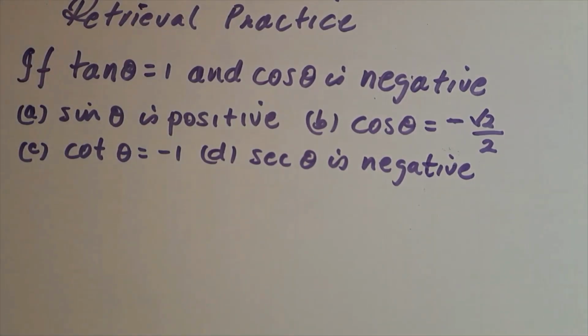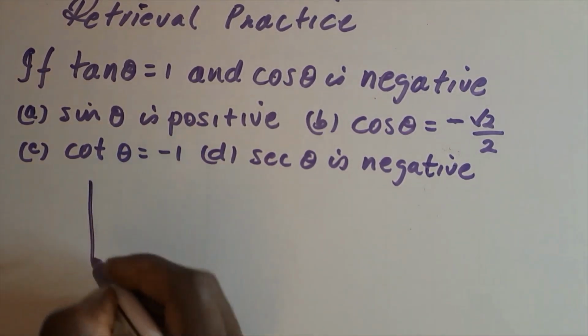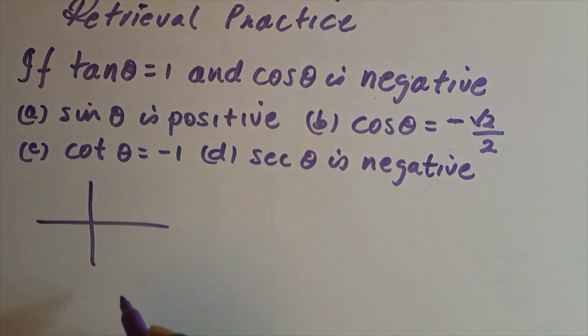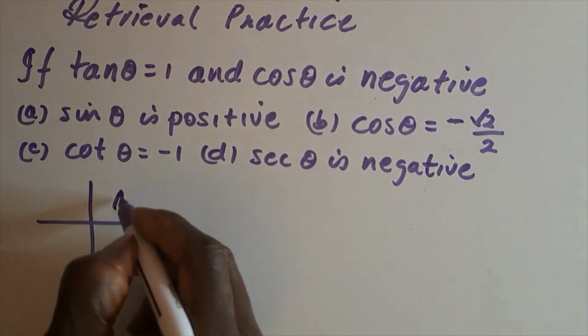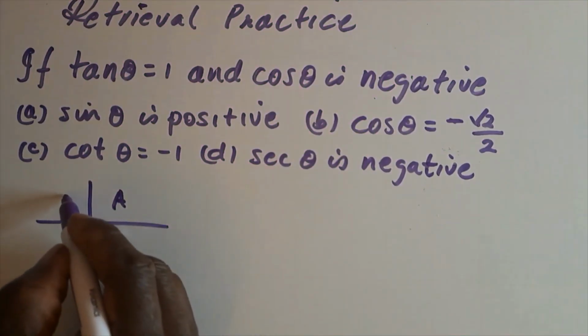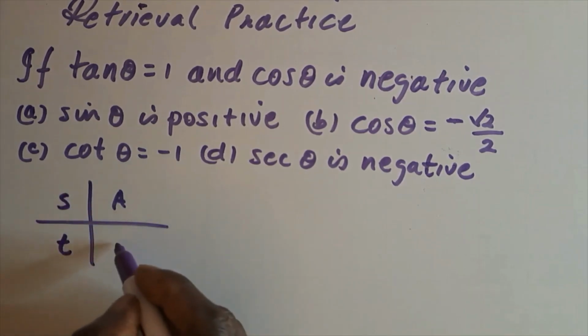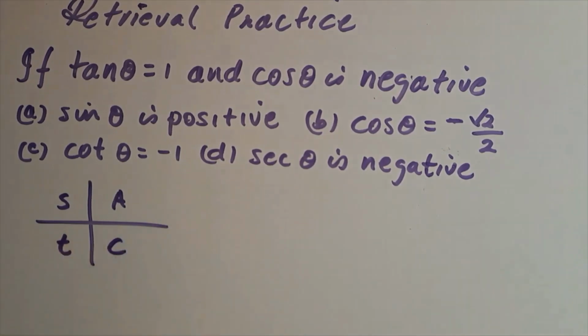Well, let's look at the facts. If tan theta is equal to 1, we have a quadrant diagram, and we know that all the ratios are positive in the first quadrant. In the second quadrant we have sine as positive, in the third only tan, and in the fourth only cosine.